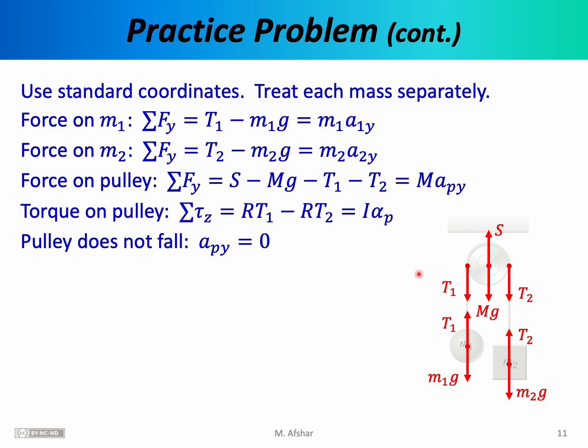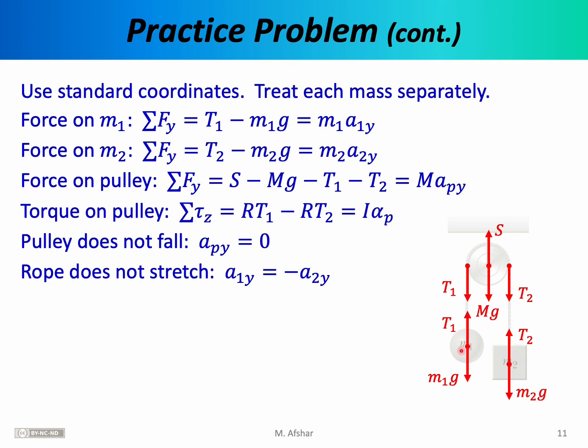At this point, it's a good idea to point out that the pulley is not going to be falling. The pulley is supported securely in place, and so we're going to assume that the acceleration of the pulley in the y direction is 0. We're also going to assume that the rope does not stretch, at least not significantly. If it does stretch, it will do so throughout the length of the rope.